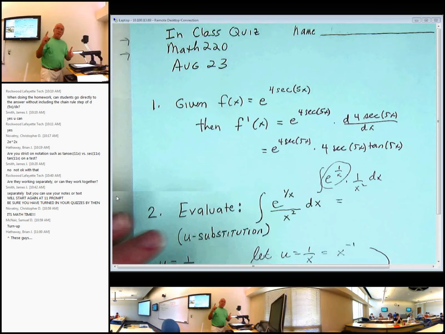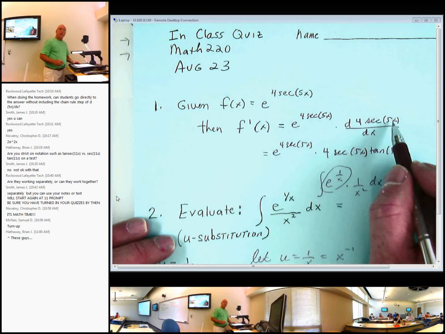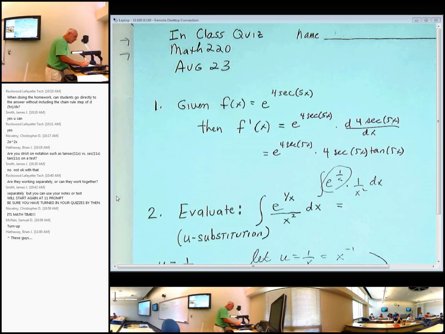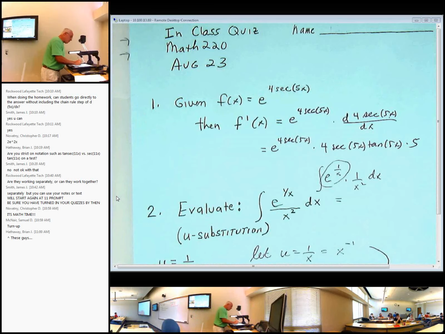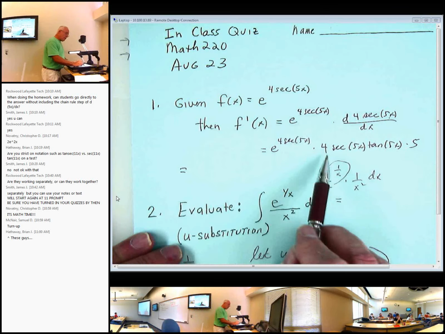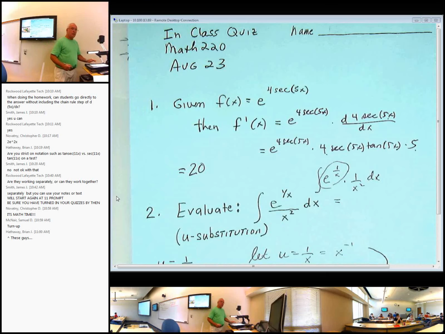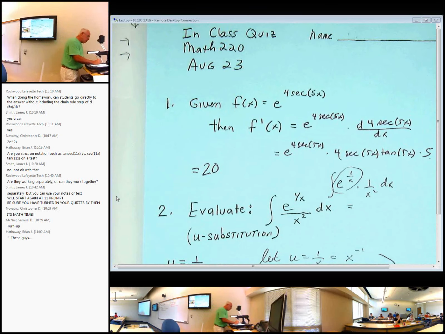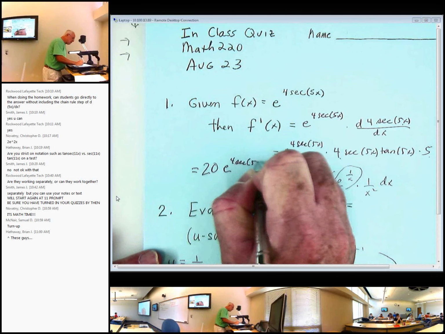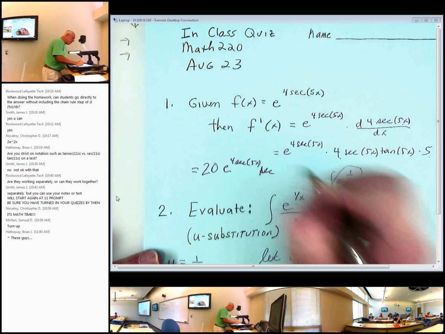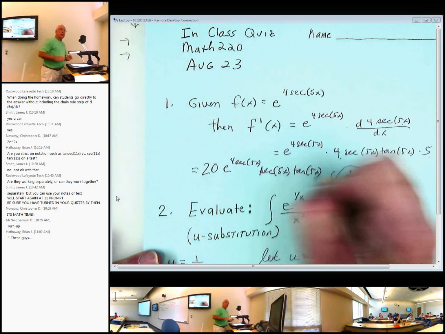Then, wait a minute, we have to do the chain rule again for this derivative. We've got that inner function, 5x, and we have to multiply by its derivative, 5. So what we come up with is a 4 times a 5, so if you put your number out front, which you normally want to do, we'd have a 20 out front. 20e to the 4 secant of 5x times the secant of 5x times the tangent of 5x is our final answer there.